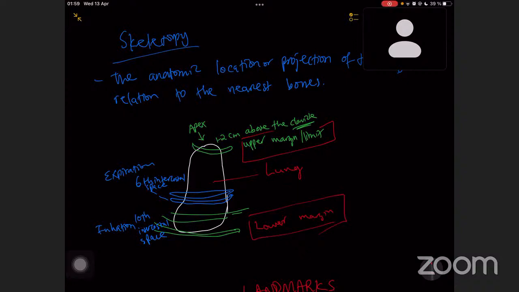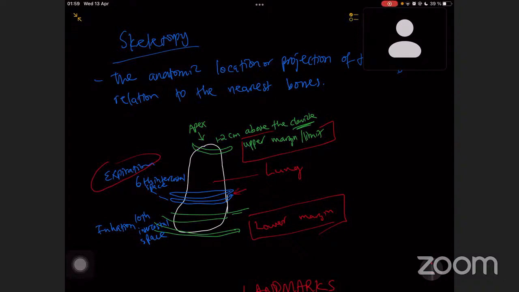And we can say, for example, the apex of the lung, which is the upper margin, is demarcated 1 to 2 centimeters above the clavicle. We can say the lower margin of the lung upon expiration is in the 6th intercostal space, right?